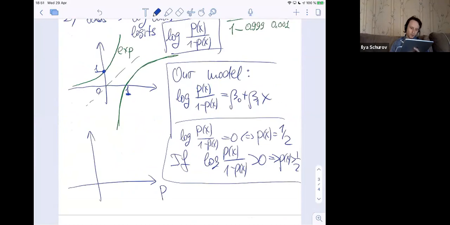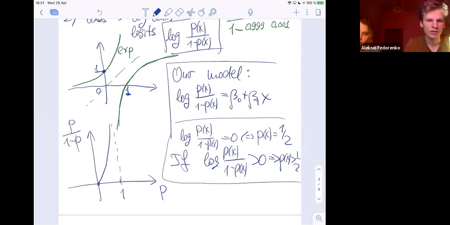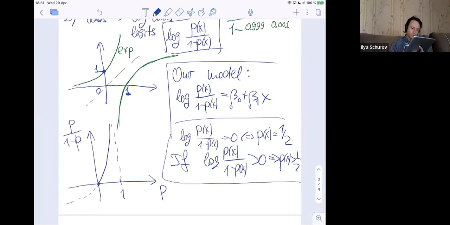Okay. So we have p, and here p over 1 minus p, and this function works in the following way. It is 0 here, and it goes to infinity. So it is something like this. Actually, it is a hyperbola, so we can continue it here, but it does not make sense.